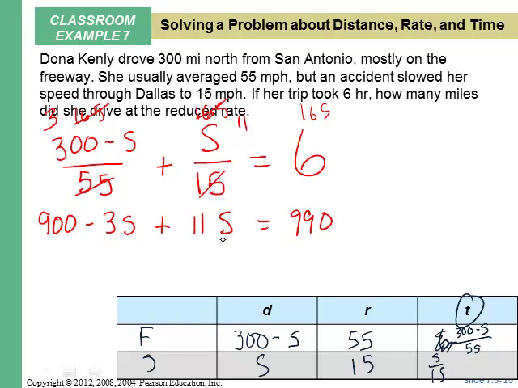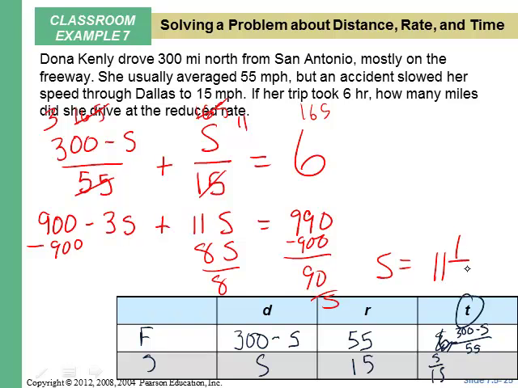Negative 3s plus 11s is 8s. Subtract 900 from each side is 90. Divide both sides by 8. The distance that she went slow is 90 divided by 8, which is 11 1/4 miles.